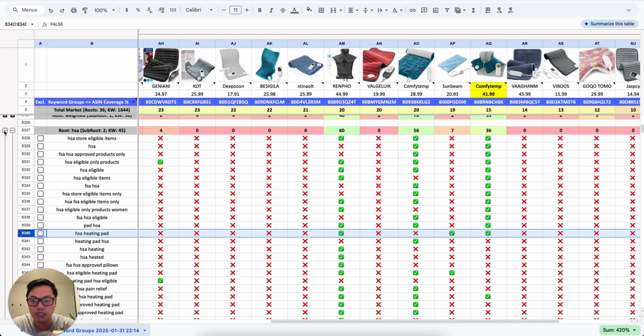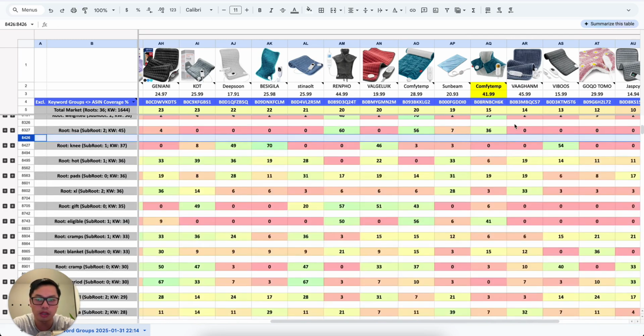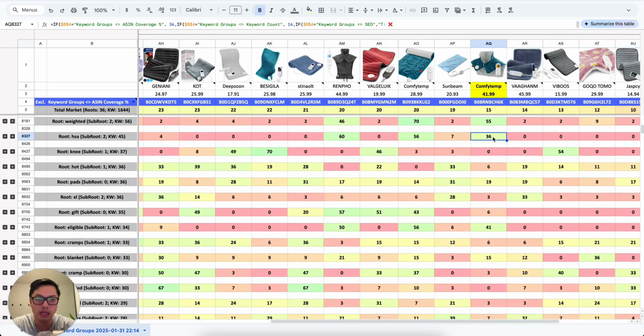And imagine if, in the listing for this product, I made an image slide that just spoke to HSA, health spending account, eligible for this product. You're basically speaking to the customer. The minute they read that, they're probably going to buy, because they know that your product is HSA eligible. Otherwise, they wouldn't have typed it from the beginning.